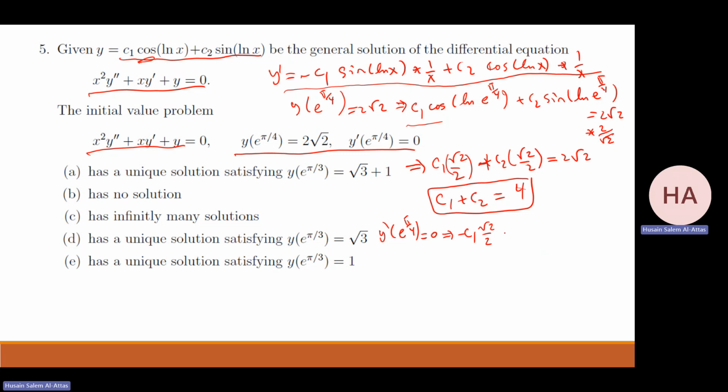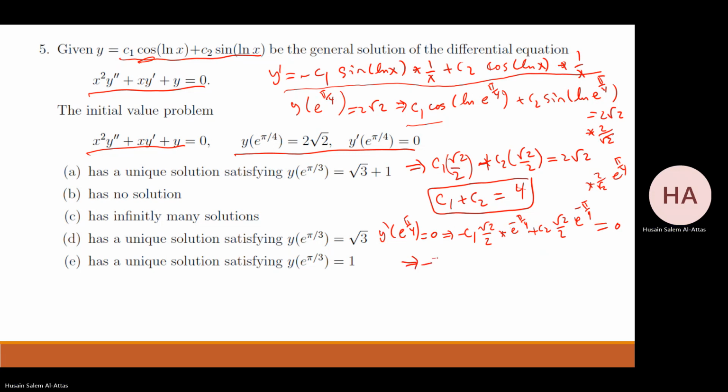Times 1 over x times e to the minus pi over 4, plus C2 root 2 over 2 also, cosine ln x, which is root 2 over 2 times e to the minus pi over 4, 1 over x. That's equal to 0. So I multiply in this case by 2 over root 2 and e to the power pi over 4 to cancel everything.